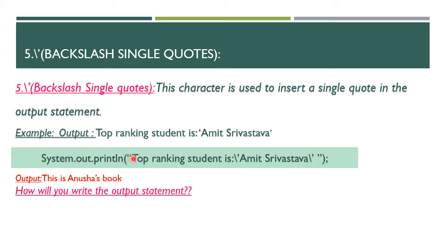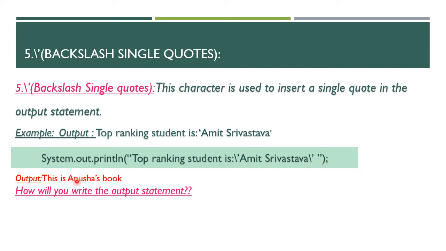And these double quotes are here. We have started the double quotes because this entire sentence is a string, right? So we have started here double quotes and this has to be ended. Here we have ended the double quotes and this is terminated by a semicolon because this is an executable statement in Java.